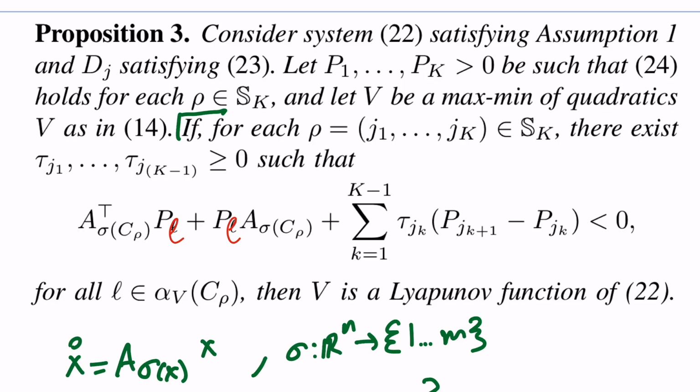Yeah, let's say K equals 3, right? Then there will be 6 permutations because of 3 factorial, and 2, 3, 1 would be a permutation. Okay, and this permutation tells you some part of the state space.